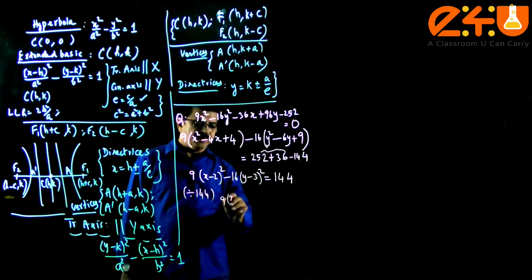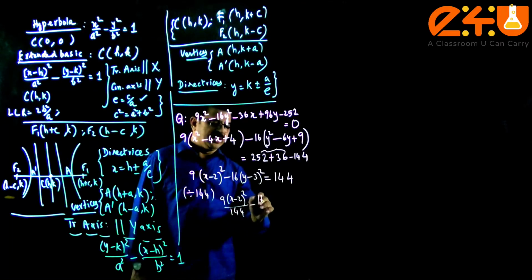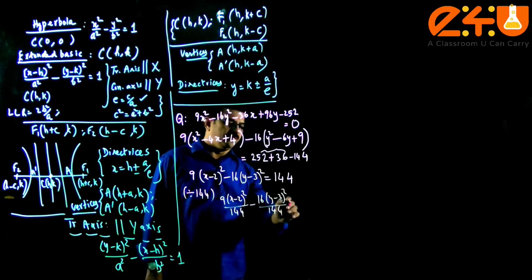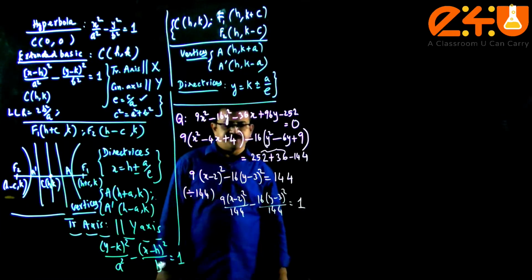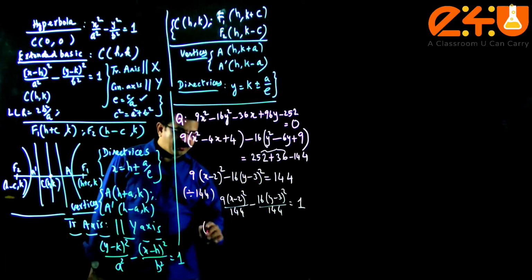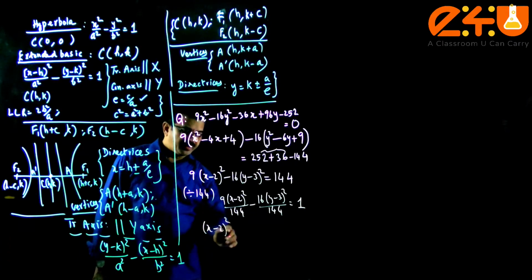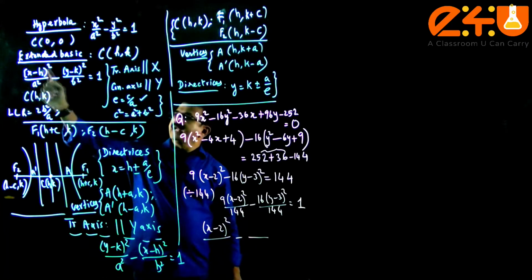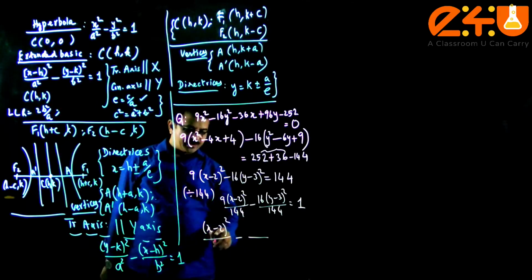I get 9 times (x minus 2) whole squared by 144, minus 16 times (y minus 3) whole squared by 144, equal to 1, to make RHS 1. So you can see that we are arriving at the standard form (x minus h) whole squared by a squared.